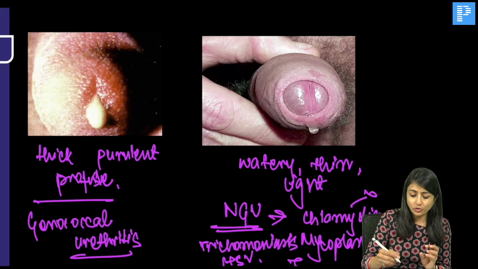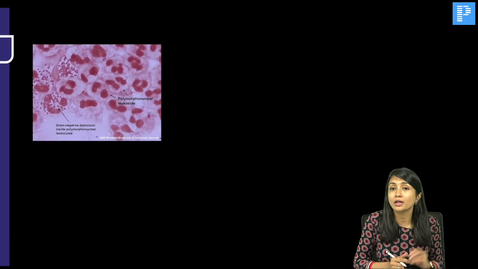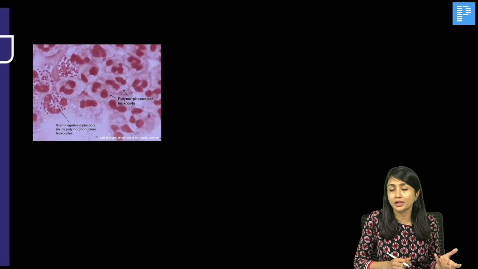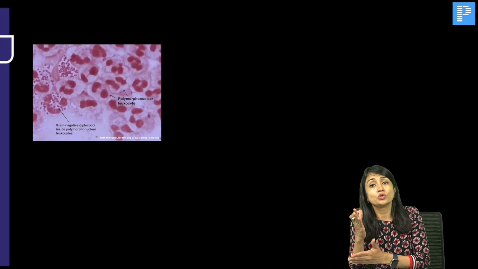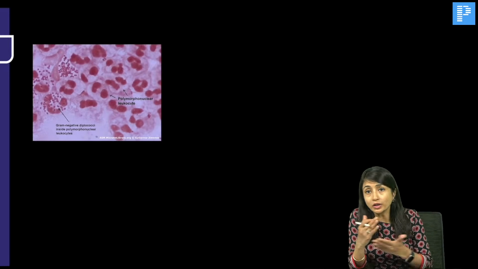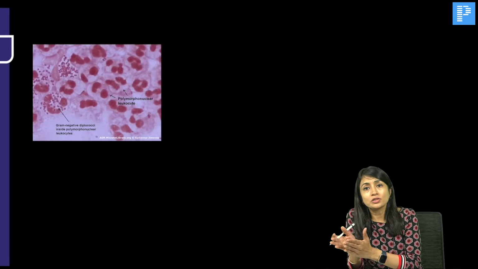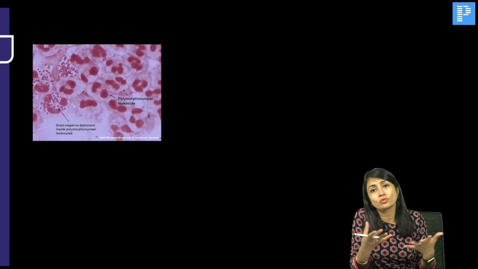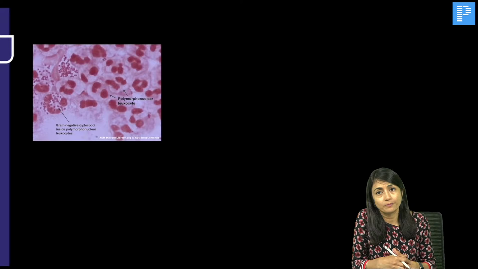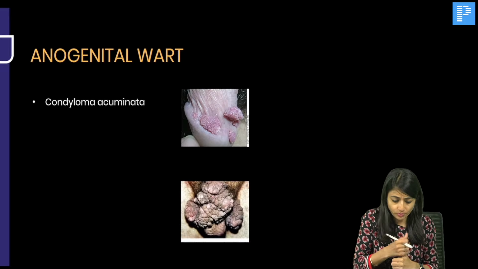If you do a gram stain, you would see gram negative intracellular diplococci, which is nothing but Neisseria gonorrhoeae, whereas in non-gonococcal urethritis, you would just see PMNs, you would not see any organism there, right. How do you treat? That is treated only with azithromycin, whereas for gonococcal urethritis, along with azithromycin, you give cephalosporin. Clear? So, this image also you should be knowing.